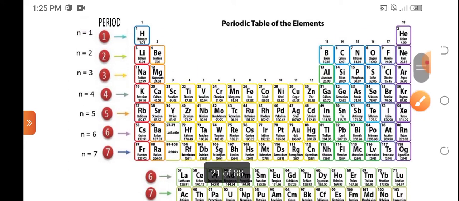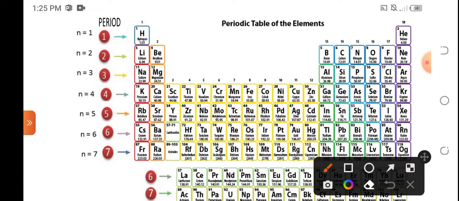So this period represents the energy level in which you can find the outermost electrons of that atom. When it comes to hydrogen, ang kanyang electron configuration ay 1s1, so that electron could be found in the first energy level.